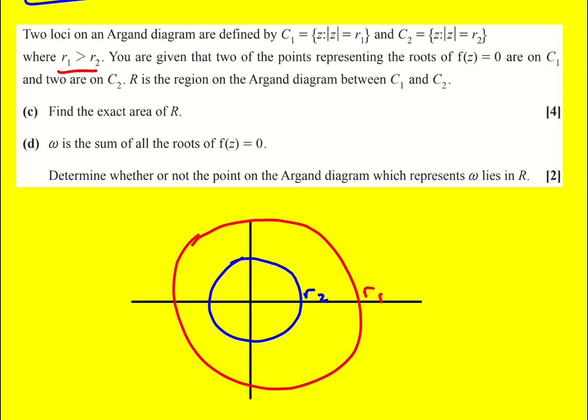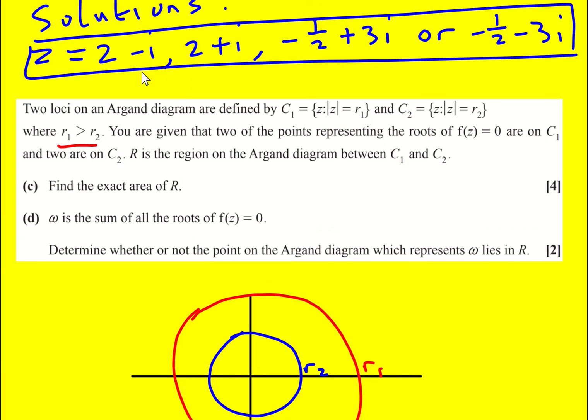We're then given that two of the points from the solutions to before are on C1 and 2 are on C2. So we need to think about which ones it is, and we can do that by finding the modulus essentially.